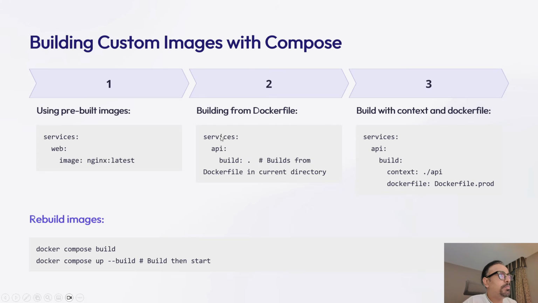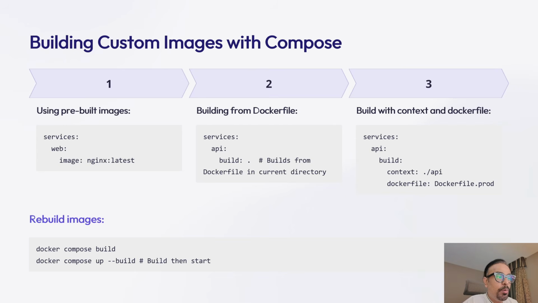So when this specific service API is going to run, it is going to search for the Dockerfile over there. Then it is going to build that Dockerfile, and only after building it is it going to create a container out of it. Now you don't need to manually run docker build and tag the image. Compose is going to handle all of that for you.